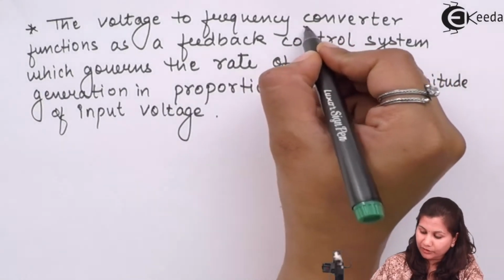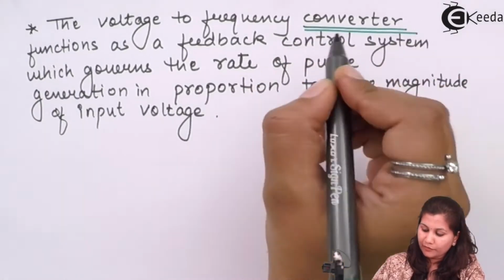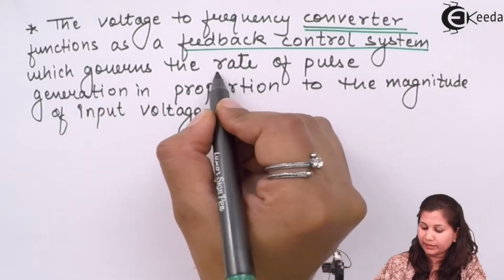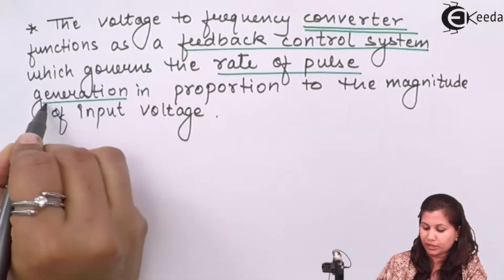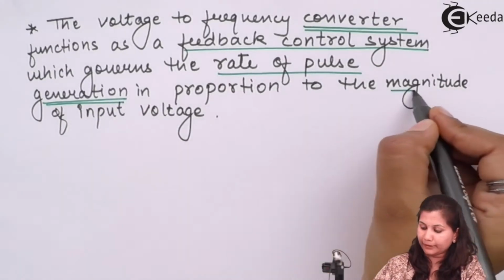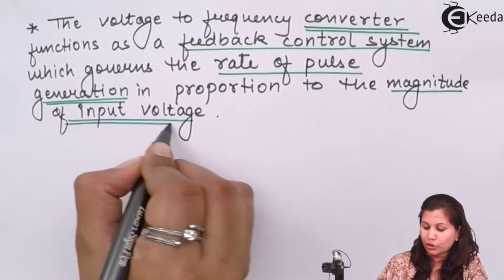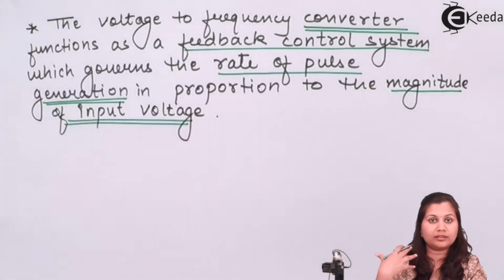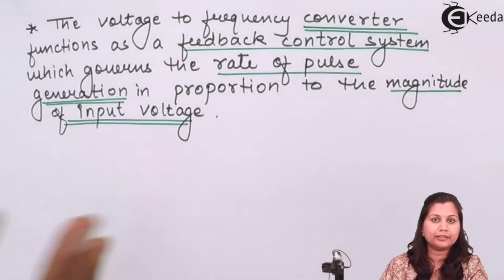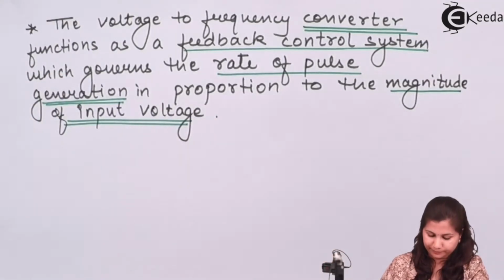The pulses will be generated in proportion to the magnitude of the input voltage. So if we measure the rate at which the pulses are generated, we will be able to find out the magnitude of the input voltage.